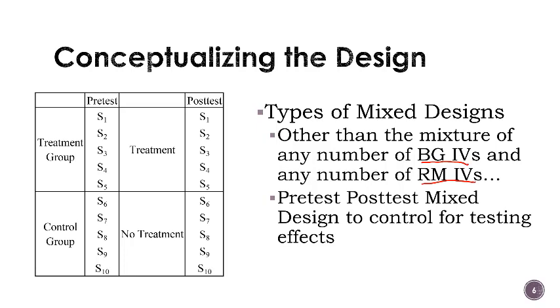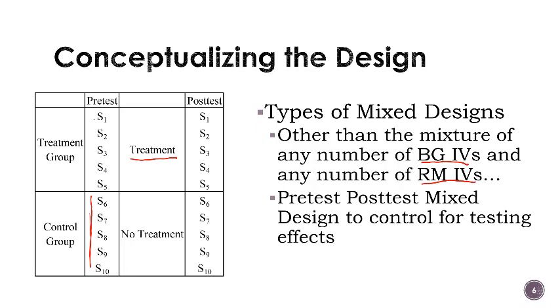And this helps to assess for things like testing, because if the treatment here is not working very well, then you expect the control group to change as much as the treatment group. Because if there is a testing effect by simply pre-testing these subjects, you'd expect them to change because of the testing.